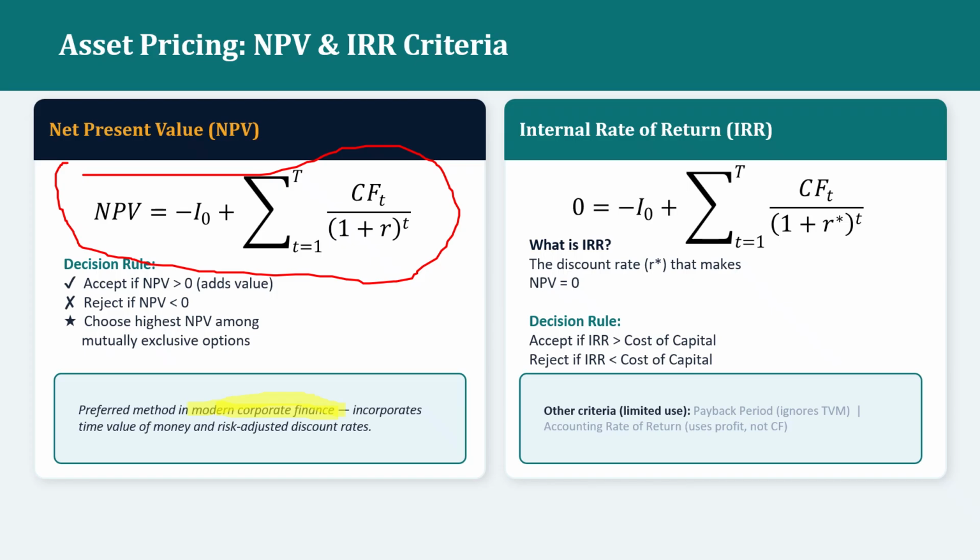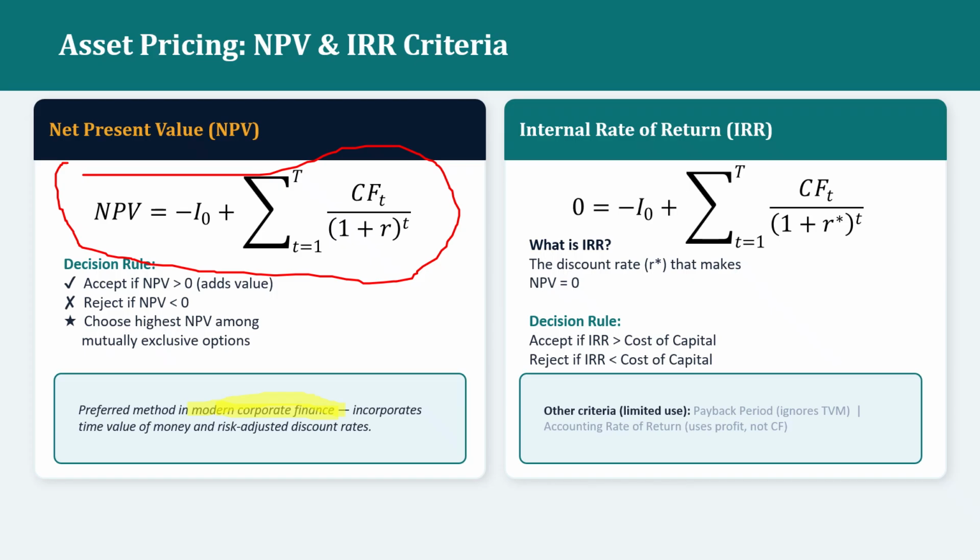Now let us come to the internal rate of return, IRR. Internal rate of return is a closely related concept but is defined in a very different way. Internal rate of return is the discount rate that makes the NPV of the project exactly zero.